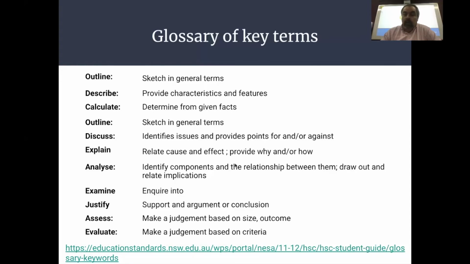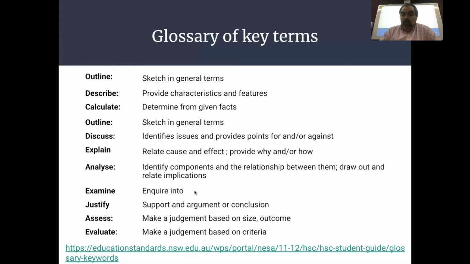So an analyse question asks you to identify the components, identify the relationship, draw out the implications and relate the implications. So it's a higher order verb requiring you to do more than just explaining and more than just giving the features and characteristics.